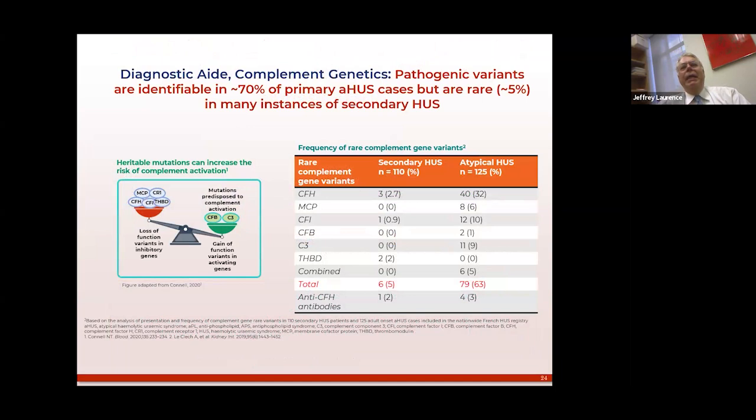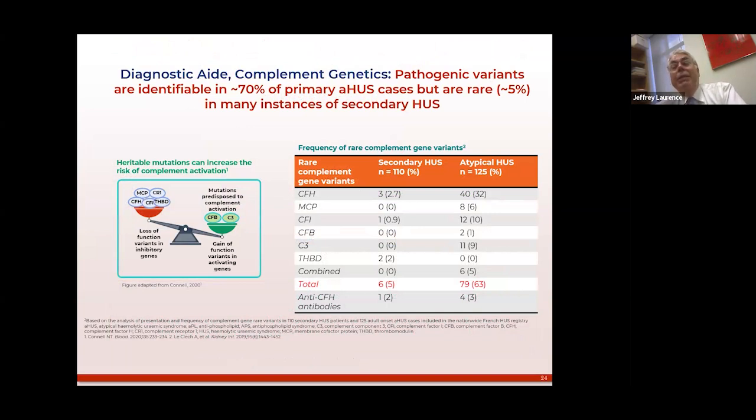One of those diagnostic aids could be complement mutations. I mentioned that in the vast majority of cases, about 70% of the time, in this particular study from the French, they found recognized mutations 63% of the time. That's great. But about 30% of the time, the patient may be unable to respond or unable to control complement, and you haven't found a genetic marker.